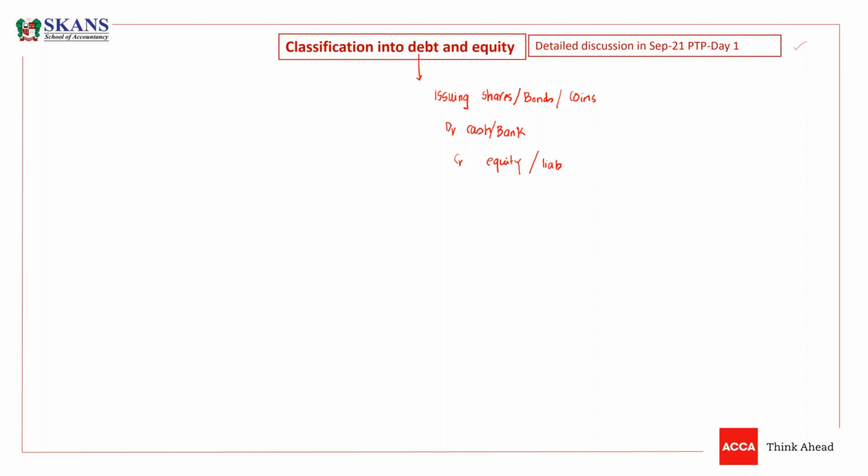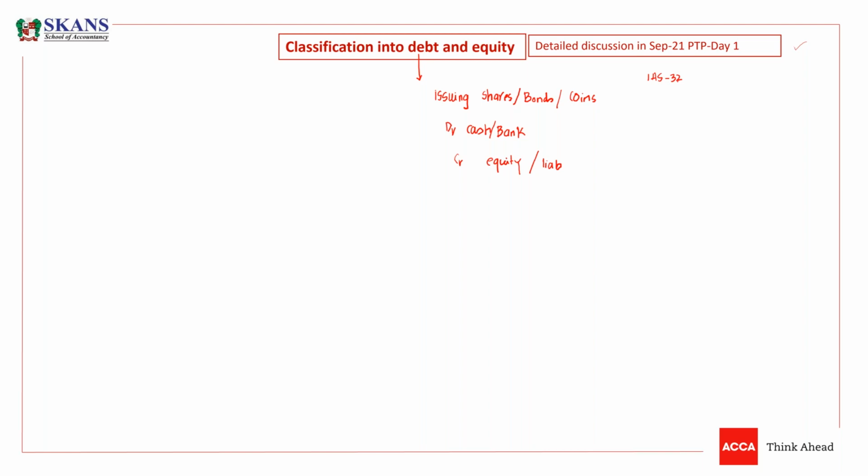Obviously, revenue will be recognized when we earn income, when we are selling goods or services. Otherwise, the cash received by issuing shares, bonds, coins will be treated as either liability or equity. And we have IAS 32, which governs this classification into debt and equity.